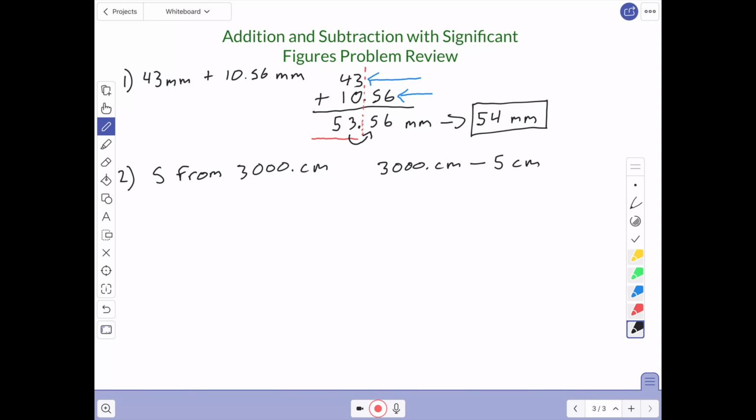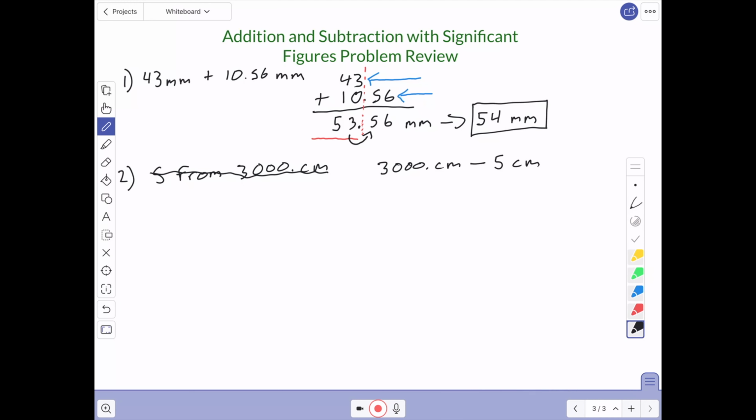That's how you would write it out horizontally. Now, it's so important that we remember that decimal point is there for a reason. It's telling us that these zeros are significant. If we had no decimal point there, it would be saying the 3 is the only significant digit. So that decimal is there for a reason. We need to remember that.